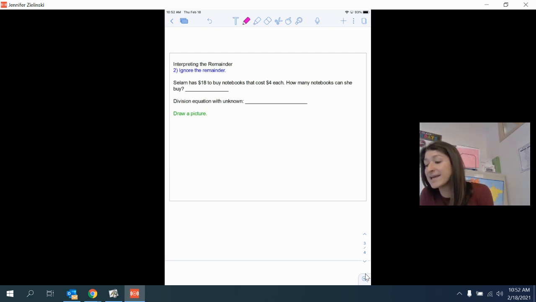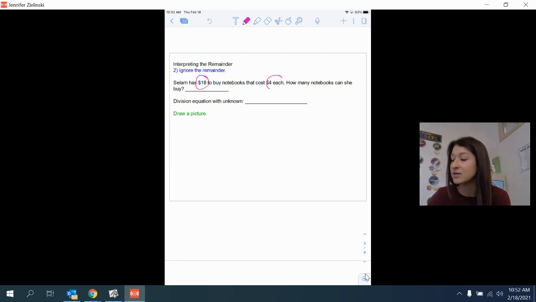Salam has $18 to buy notebooks that cost $4 each. How many notebooks can she buy? So I have $18 and each notebook costs $4.